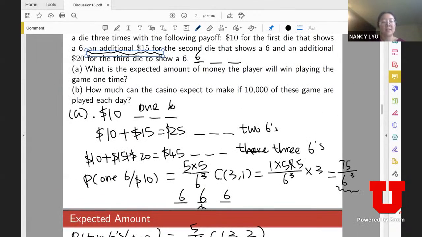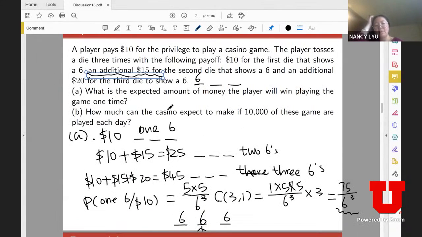Okay, and part B asks, how much can the casino expect to make if 10,000 of this game are played each day?